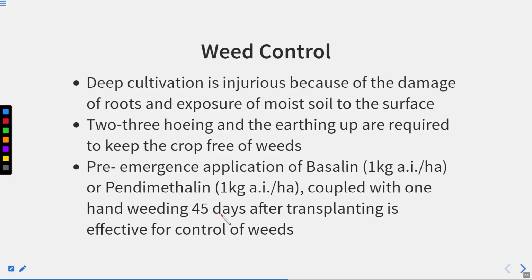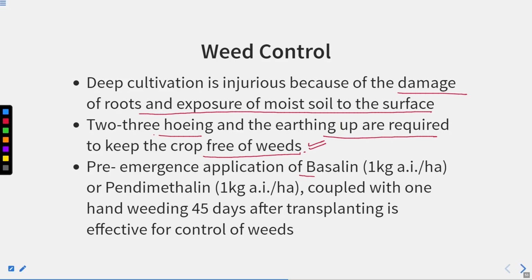Deep cultivation is injurious because of damage to roots and exposure of the moist soil to the surface. Two to three hoeings and earthing up are required to keep the crop free from weeds. With the help of hoeing, we can earth up and remove those weeds.